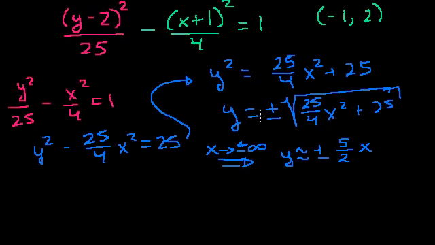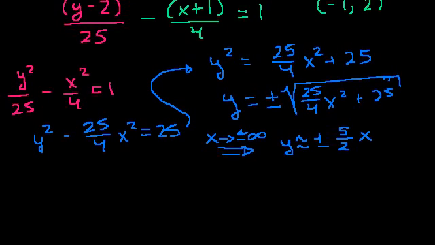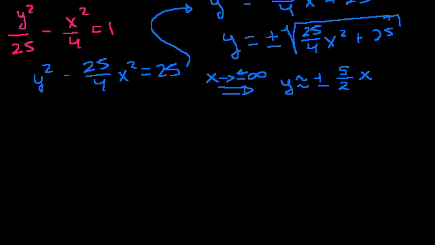So let's graph that. And then we can figure out if it's an upward opening or a downward opening graph. Okay, we're centered at negative 1, 2. This is my y-axis, this is my x-axis, and we're centered at minus 1, 2.